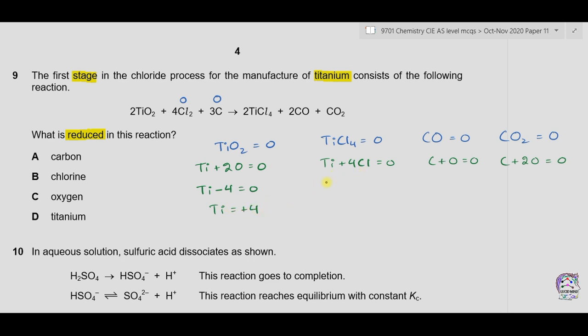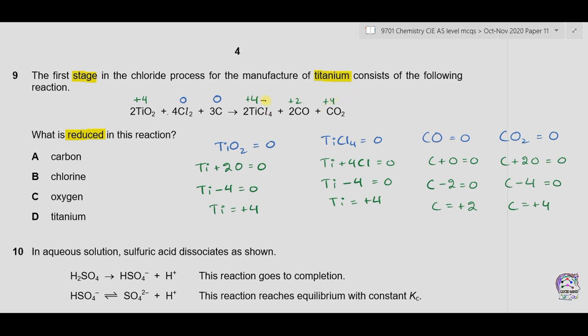For 1 chlorine, the charge is -1, so titanium will be equal to +4. For oxygen the charge is -2, overall 0, so carbon will be equal to +2. We have 2 oxygen atoms, so -4, and carbon is equal to +4. Now we can write the oxidation states: +4, +4, +2, +4.